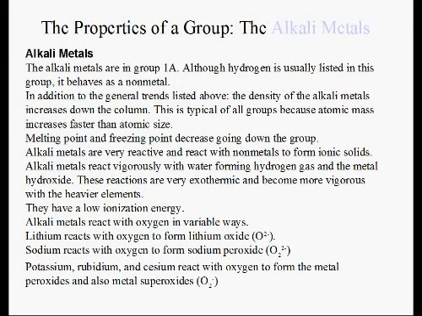And alkali metals can react with oxygen in a variety of ways to form different types of oxides. So types of oxides we can get, there's a standard oxide, which is O with a 2- charge. We can also end up with a peroxide, which is O2 with a 2- charge.